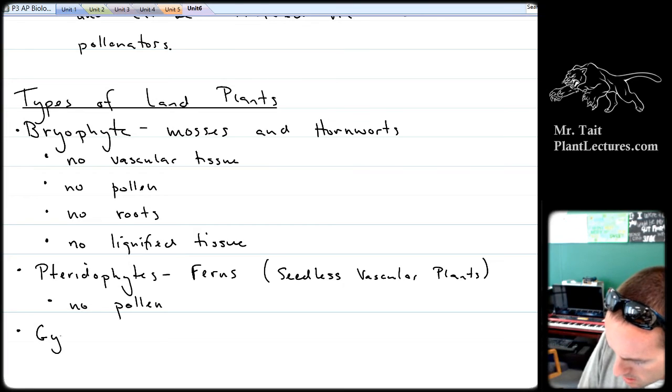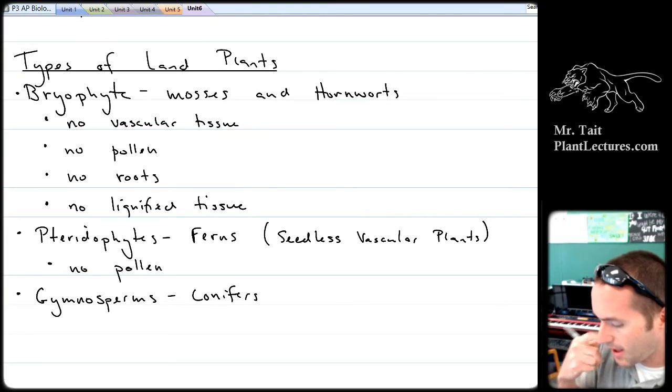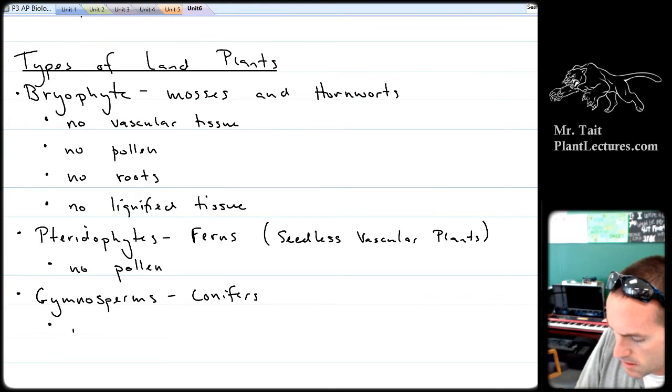Gymnosperms. These are conifers, cone-bearing plants. They have all the adaptations.